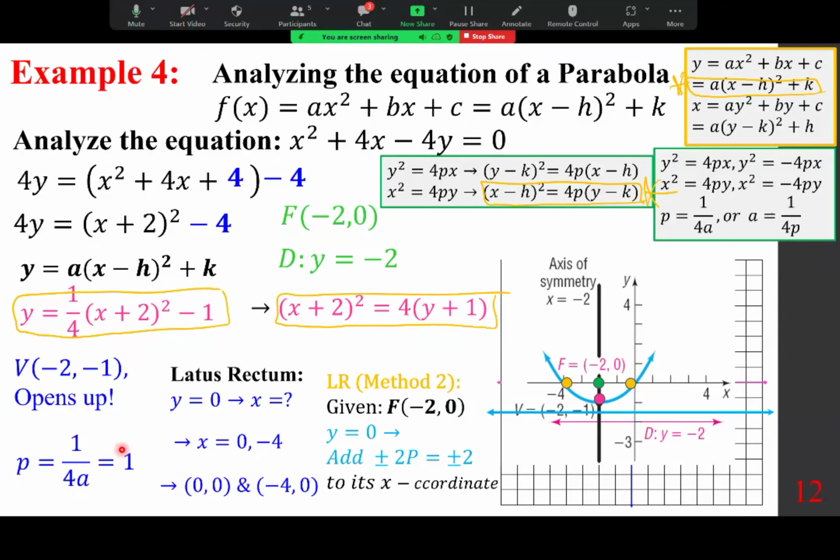So you add 2 to this and subtract 2 from it. When you add 2, you get (0, 0). When you subtract, you get (-4, 0). You don't have to do both methods, and I don't know which one you find easier, but if you know both, it's really helpful. Either way is fine, of course.